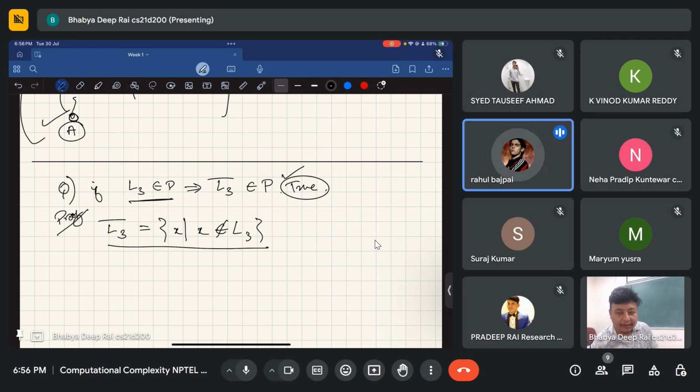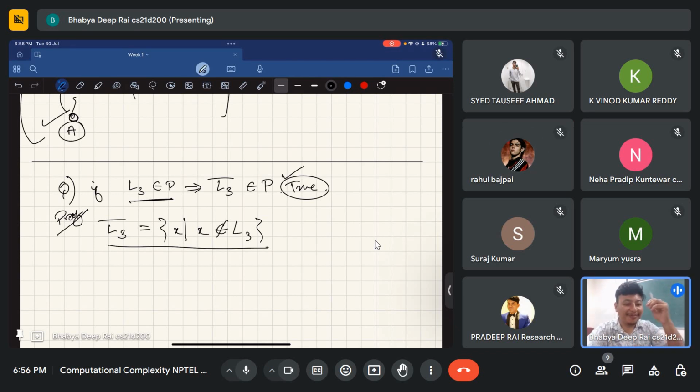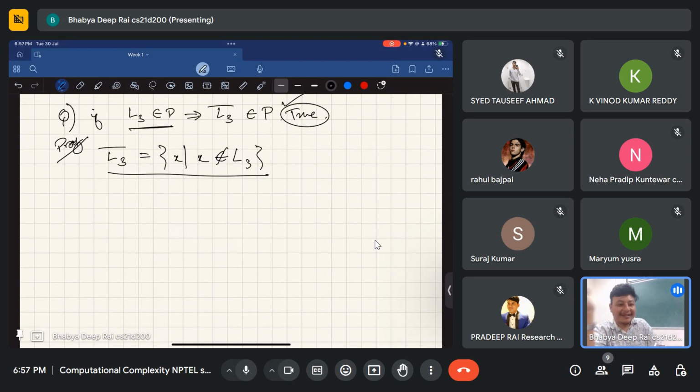L3 belongs to P, so there exists a Turing machine that on any input gives you yes or no. The new machine answers the complement of the previous machine's answer: where the previous machine says yes, the new machine says no. By complement I meant the complemented answers of the Turing machine, not the set. Yes, right, good.